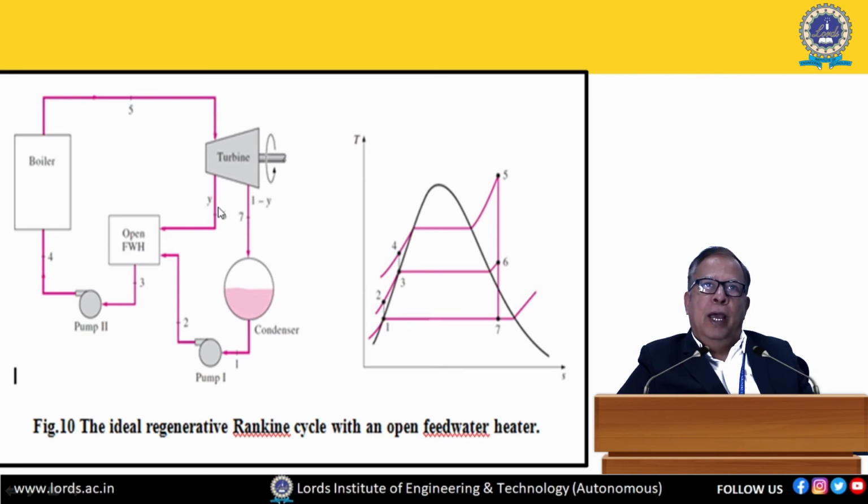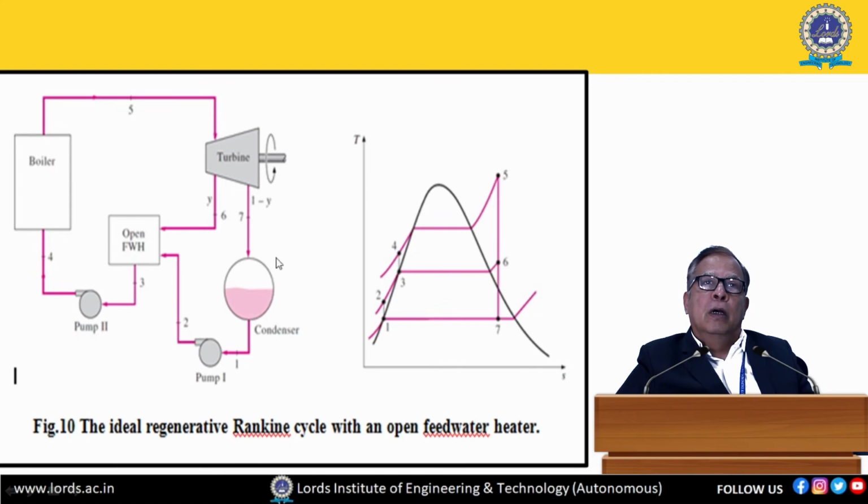Here it is shown as Y. So we can say, suppose 1 kg of steam is expanded, right? So out of that, Y unit of steam is extracted, and then finally it goes to the feed water heater. The feed water heater is nothing but a heat exchanger. So it's an open heat exchanger, we can say.